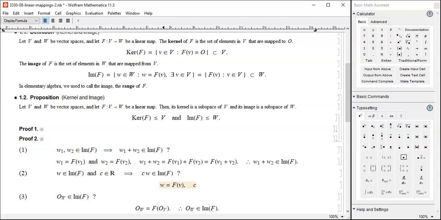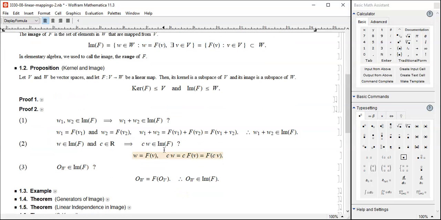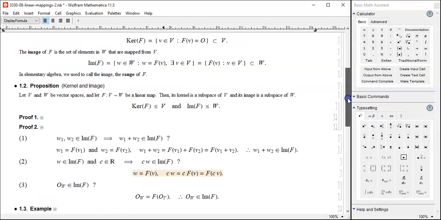Therefore, c times w is equal to c times f of something, isn't it? And can you use a property of linear map and write like this? Sure you can. And then, did we express this successfully in this form, f of a certain vector?